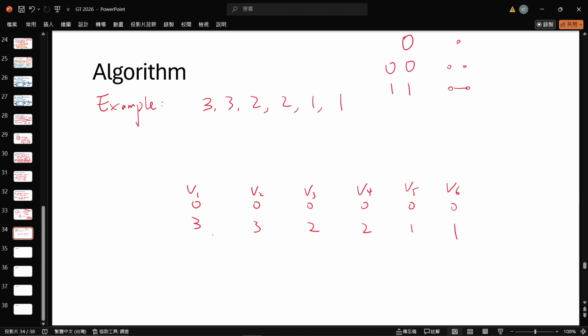And the numbers here indicate the target or the remaining edges that you still have to add to the vertex. So we have to add 3 edges to V1, 3 edges to V2, 2 edges to V3, and so on. So that's our goal.